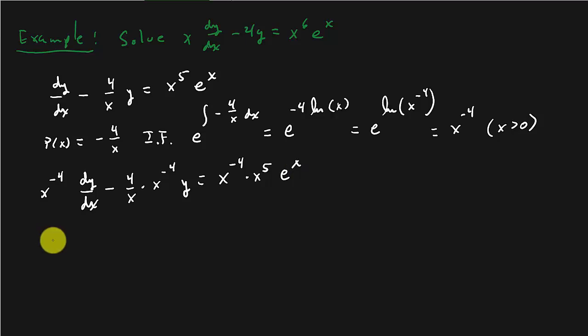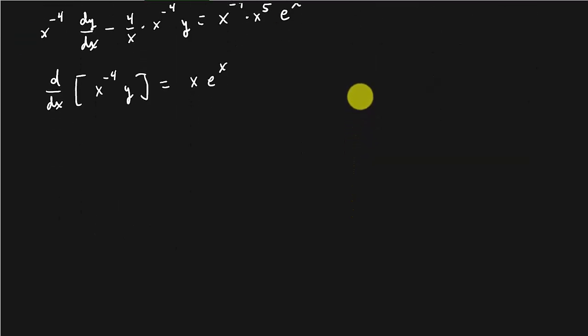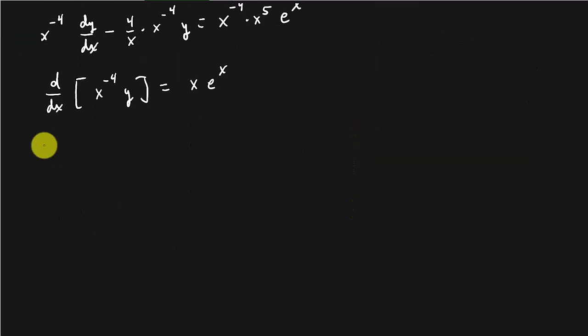And so this is going to give me d/dx of the integrating factor times y equals, and then this is just x e to the x. Then we're going to integrate both sides.